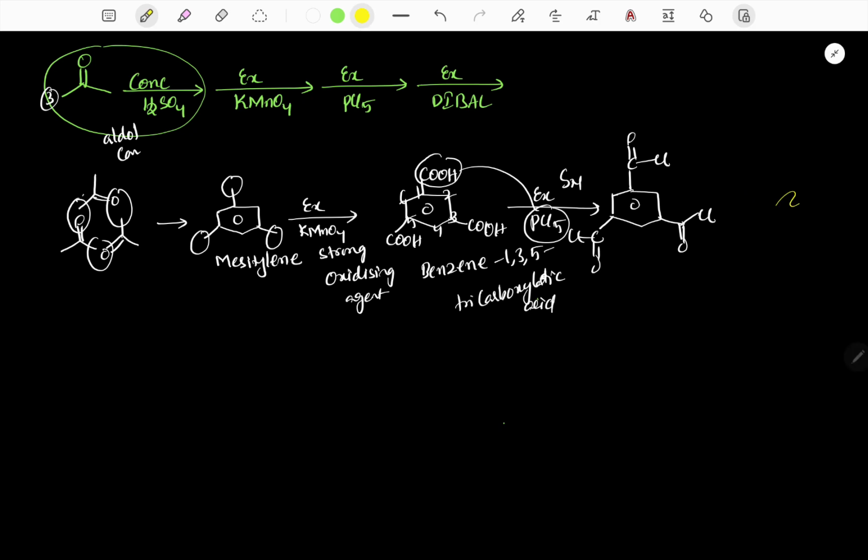Now it is treated with excess of DIBAL, diisobutyl aluminum hydride, at minus 78 degrees Celsius. So with excess of DIBAL, what happens? H minus attacks on the carbon, and the leaving group will leave.